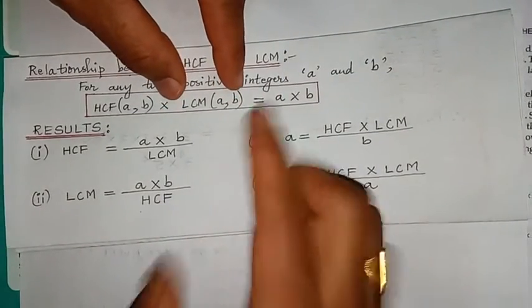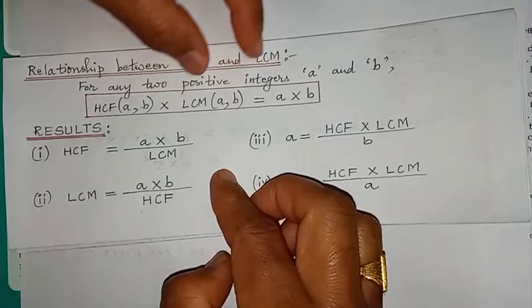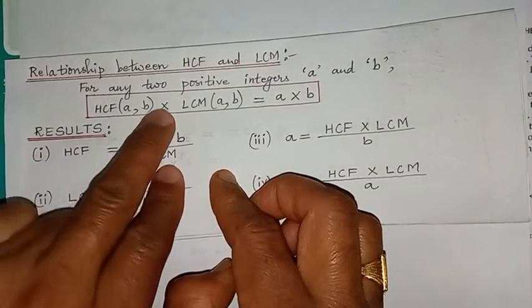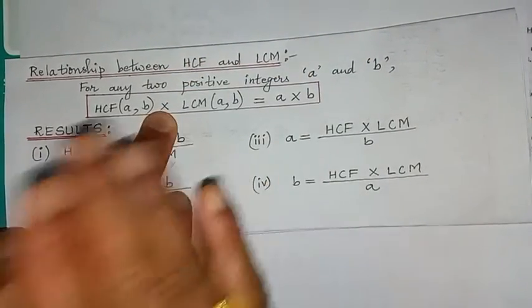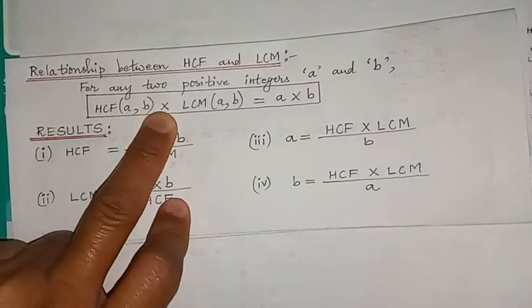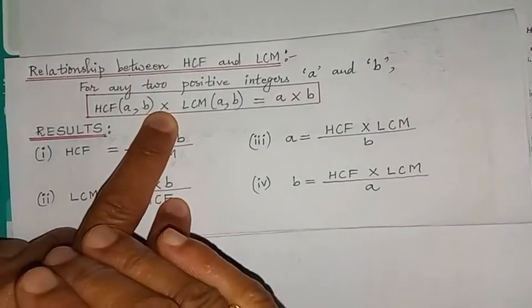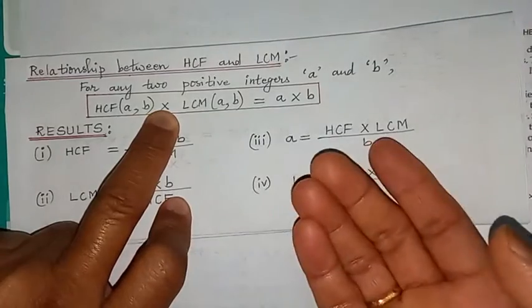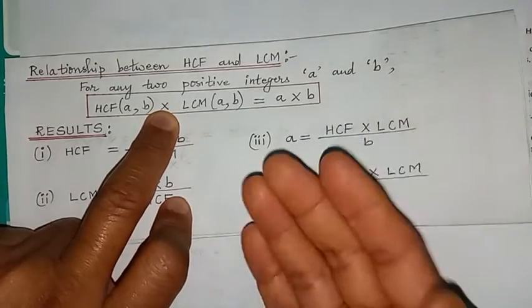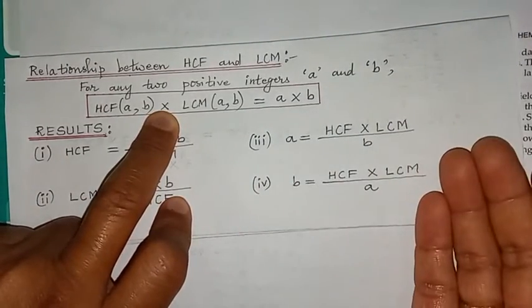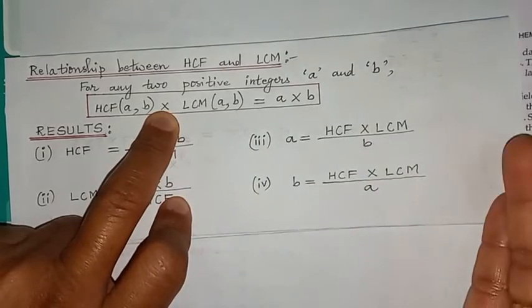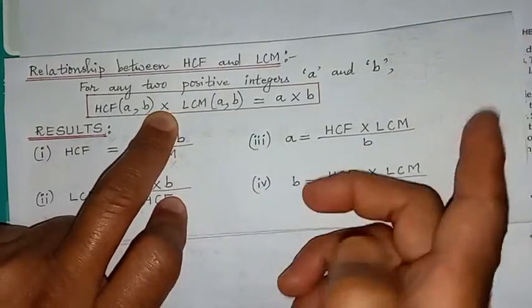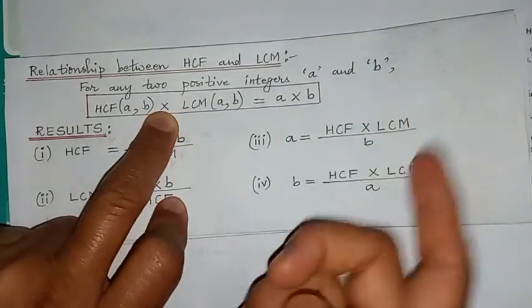Whenever we transfer any quantity from one side to the other, the sign of the operation changes. Plus becomes minus, minus becomes plus, multiplication becomes division, and division becomes multiplication, when you transpose.